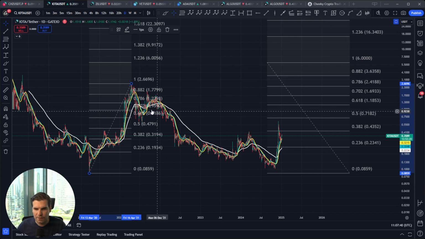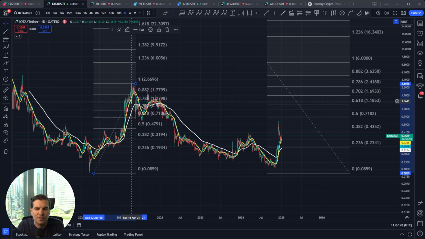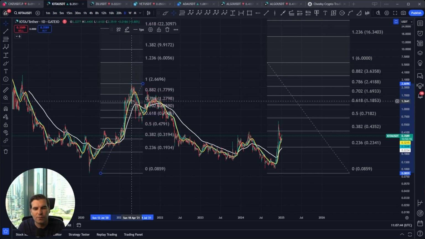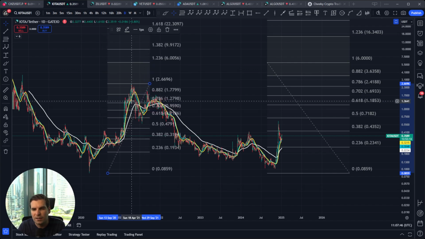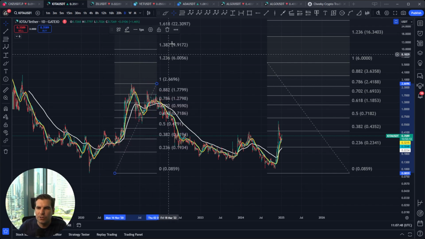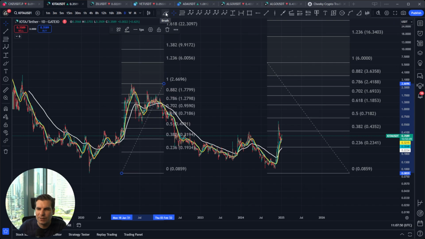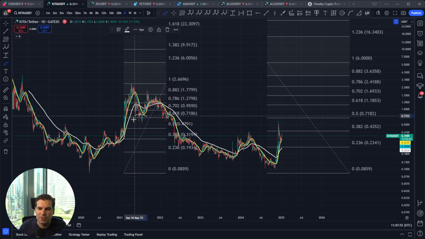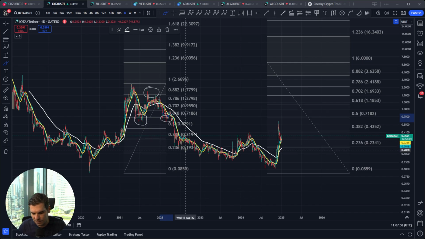Now, if I go ahead and do the same exercise and start shifting that measurement from the left-hand side to the right-hand side, as we dropped back down, you can see how the price was reacting to it. Again, even in the bearish times, you can see how the price is reacting and adhering to these Fibonacci sequencing levels.